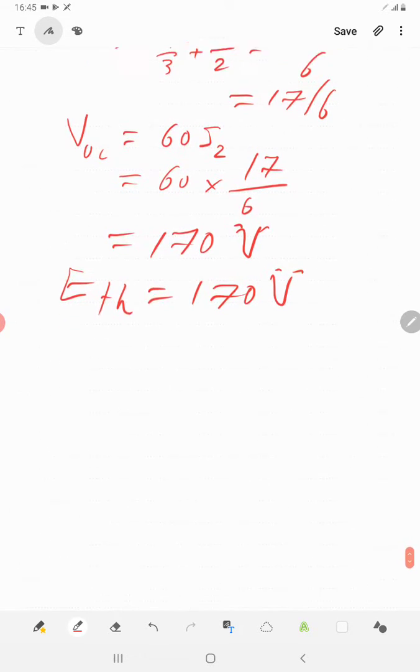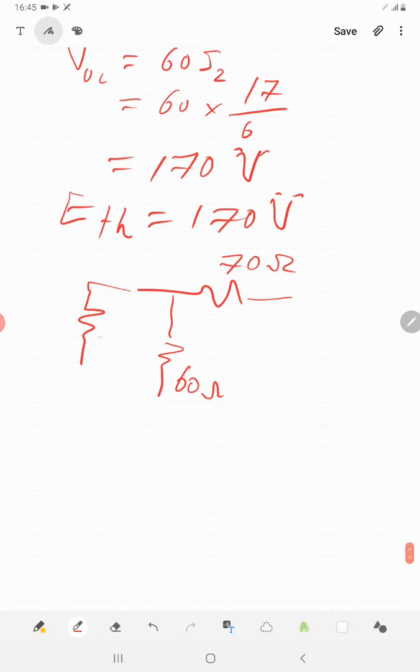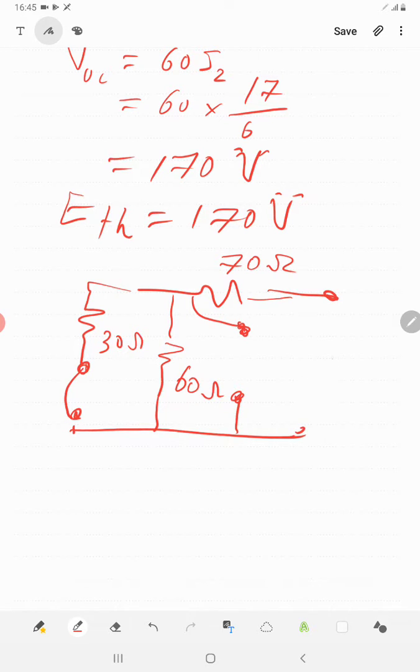Now we want to find R Thevenin. You have 70 ohms here, and you have 60 ohms here, and you have 30 ohms here. The voltage source here, we make it short circuit. And we have a current source here, we make it an open circuit. So here open circuit, here short circuit.